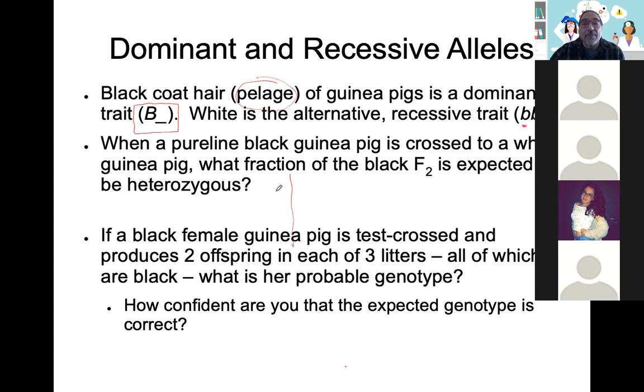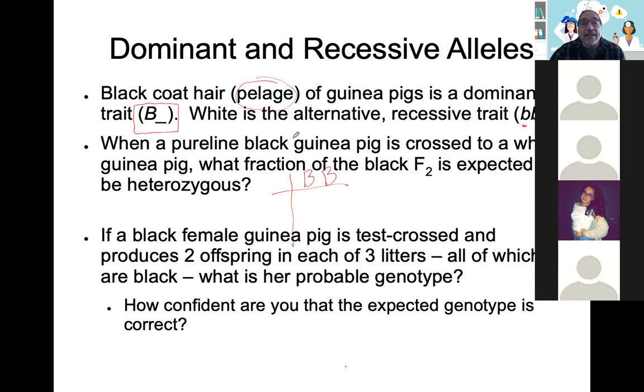So what are we going to do? We're going to do a Punnett square. If we look at the male, if a pure line black, what's the genotype of the pure line black? Capital B, capital B.